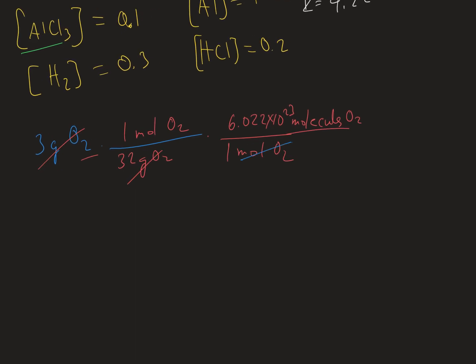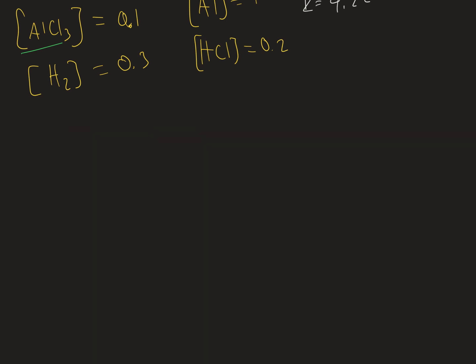So now that means we're not done yet. 1 molecule of O2 has how many oxygen atoms? 2 oxygen atoms. That's it. Then you multiply and divide. And it's going to be a yucky number.